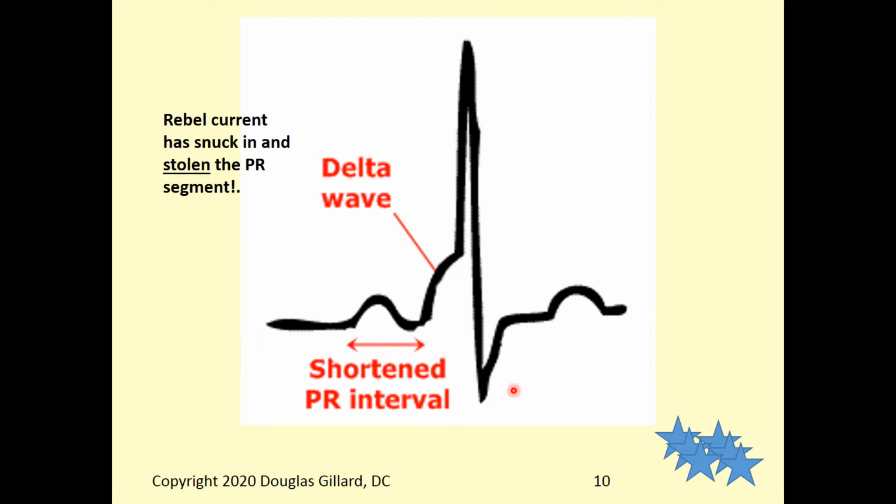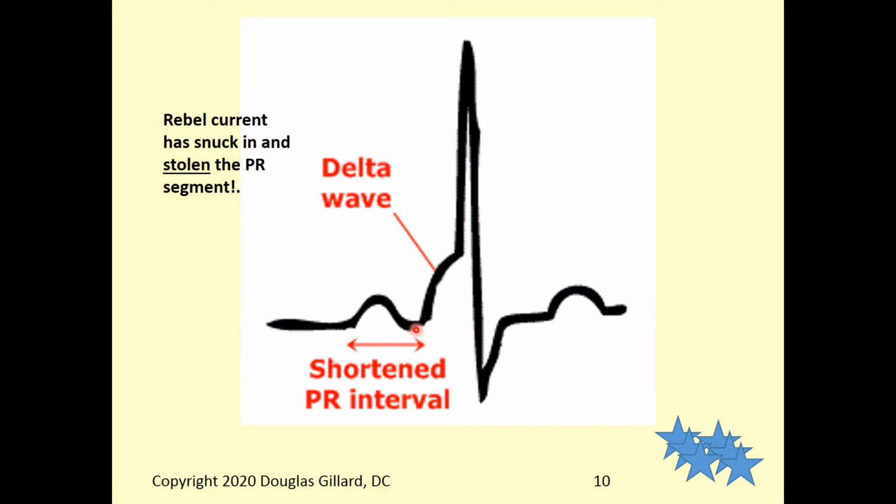So here's a normal beat of the heart where we have a P wave, but normally we have a nice long PR segment, or this is the PR segment right here, and this one was cut short.